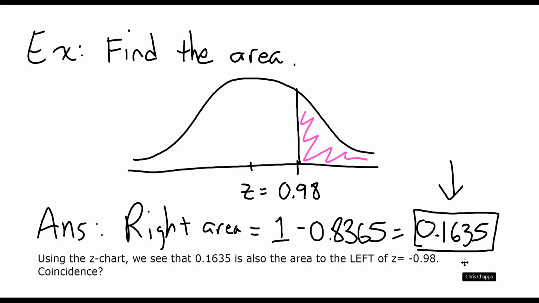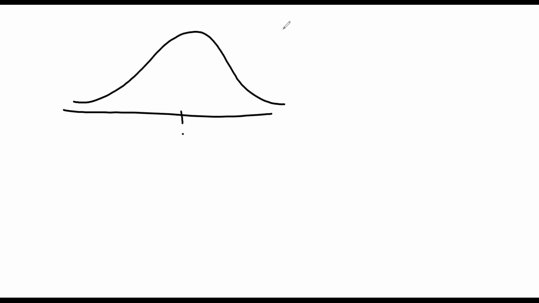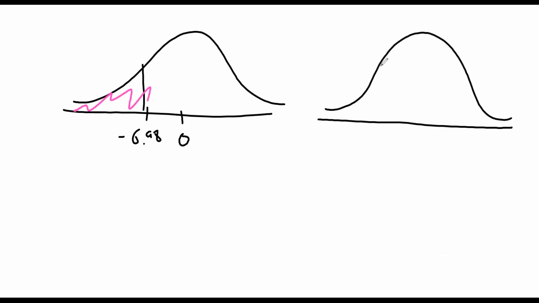In other words, if we were to draw a bell curve and look at negative 0.98 and shade to the left of it, then look at another bell curve at positive 0.98 and look to the right of it, these are mirror images.